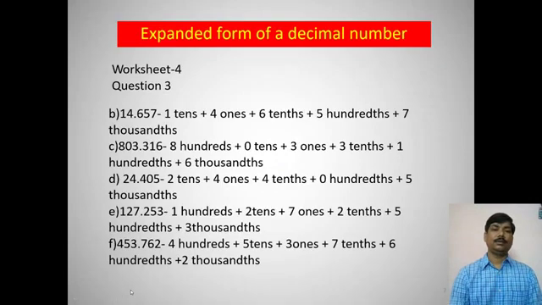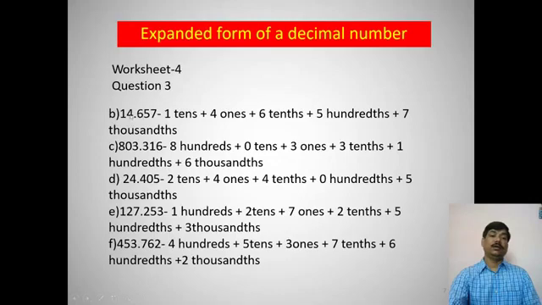Now next, the expanded form of a decimal number. It is the reading method. How can we read this number? 14.657. This is 1 tens, 4 ones, 6 tenths, 5 hundredths, 7 thousandths.